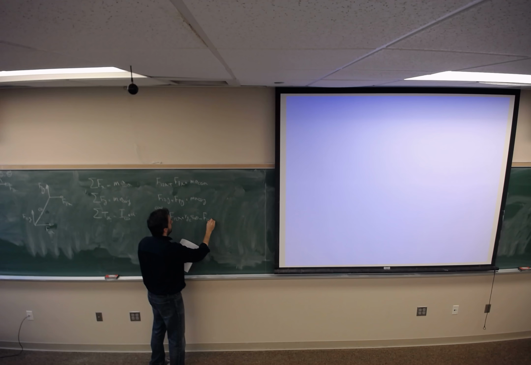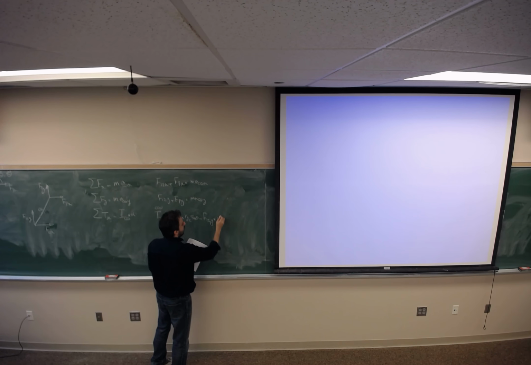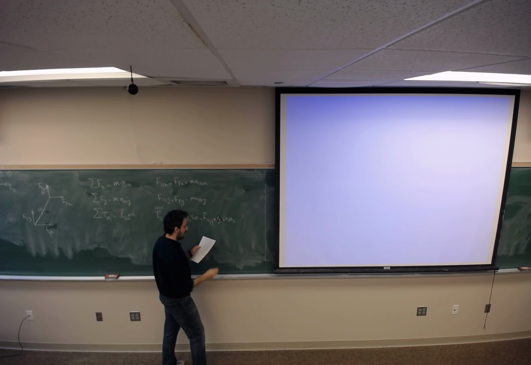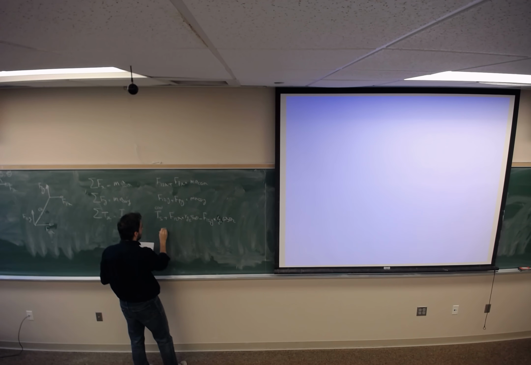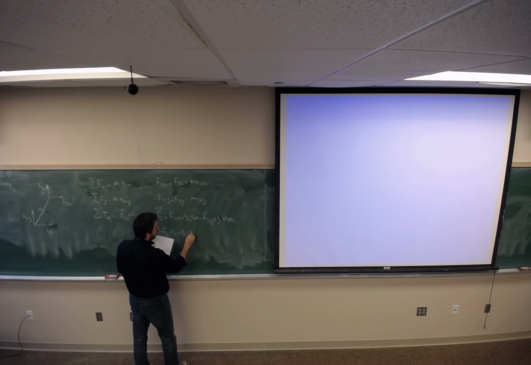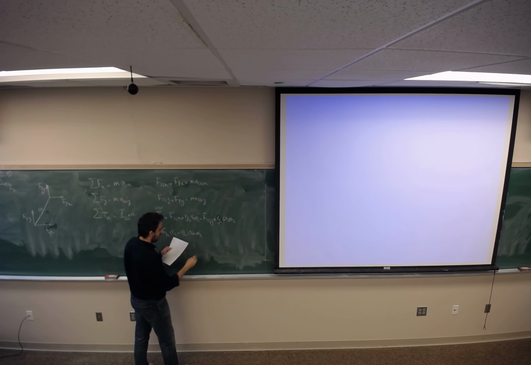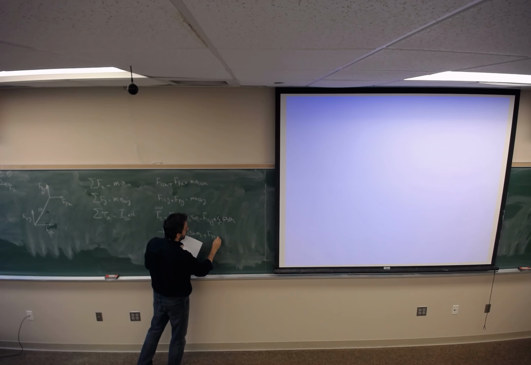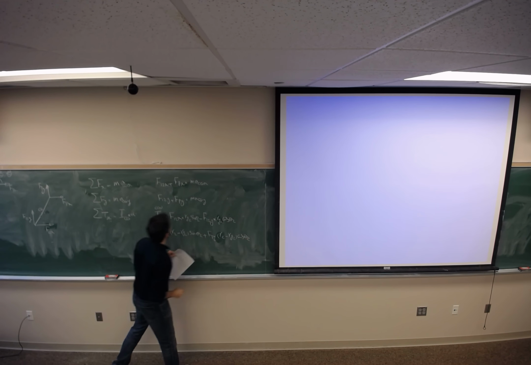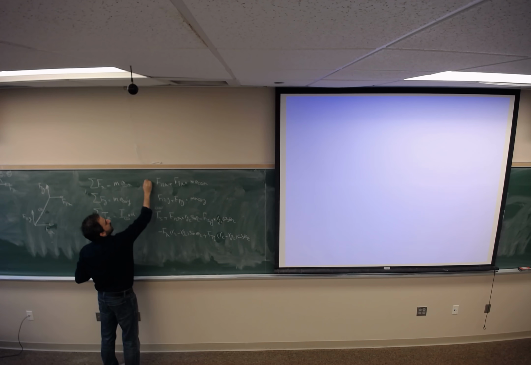We talked about them. Minus Fpx (R2 minus Rg2) sine of theta 2 plus Fpy Rg2 cosine of theta 2. 1, 2, 3.